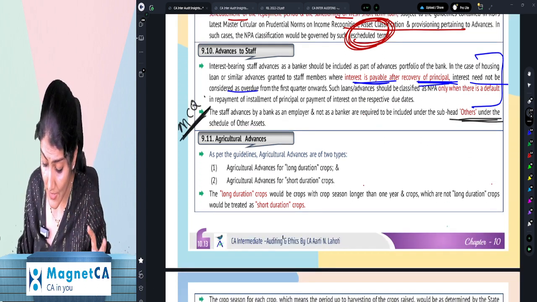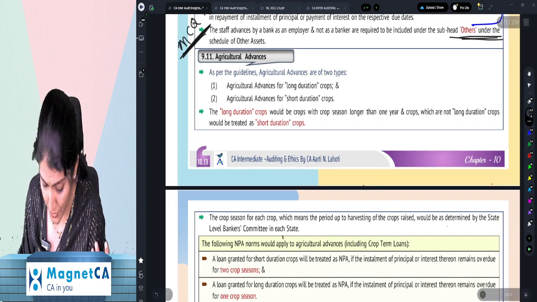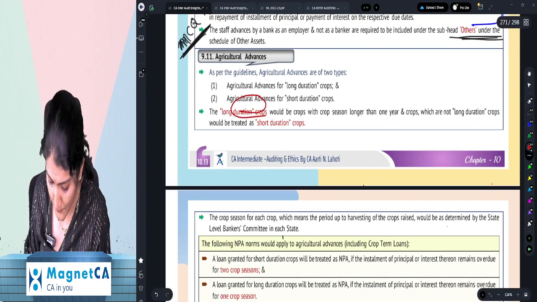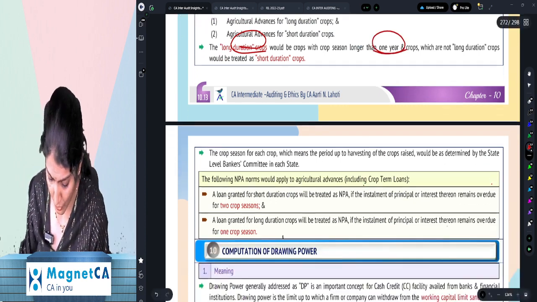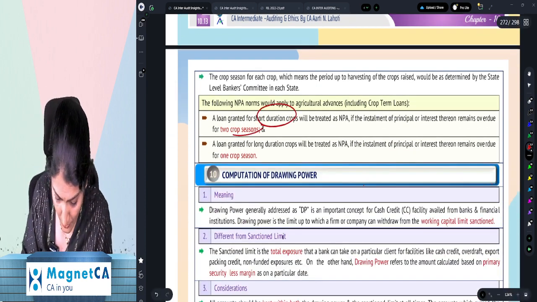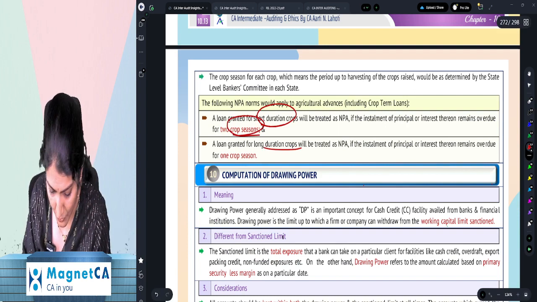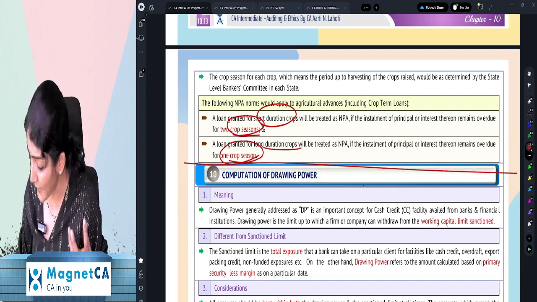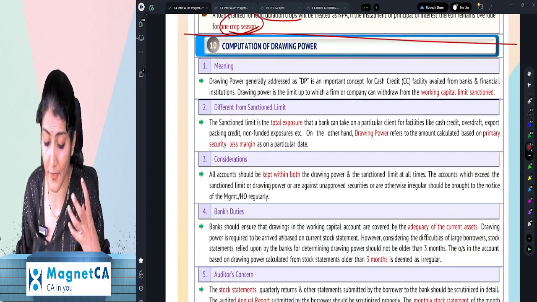Right, then agricultural advances, I told you long duration crops overdue for more than 1 crop season, and short duration crops overdue for more than 2 crop seasons. Then they talk about the computation of the drawing power.